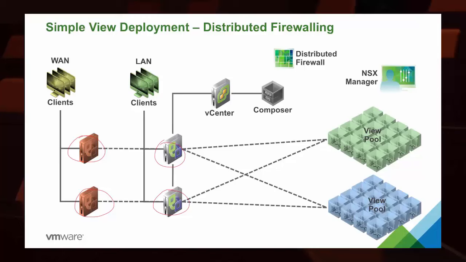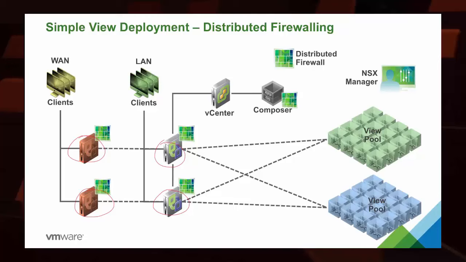That distributed firewall gets applied and it gets associated with Composer. Composer is then going to make this through vCenter accessible to all of the connection brokers. And if we realize that a security server is really nothing more than a connection broker that's operating in a security server role, it's pretty simple to deploy.